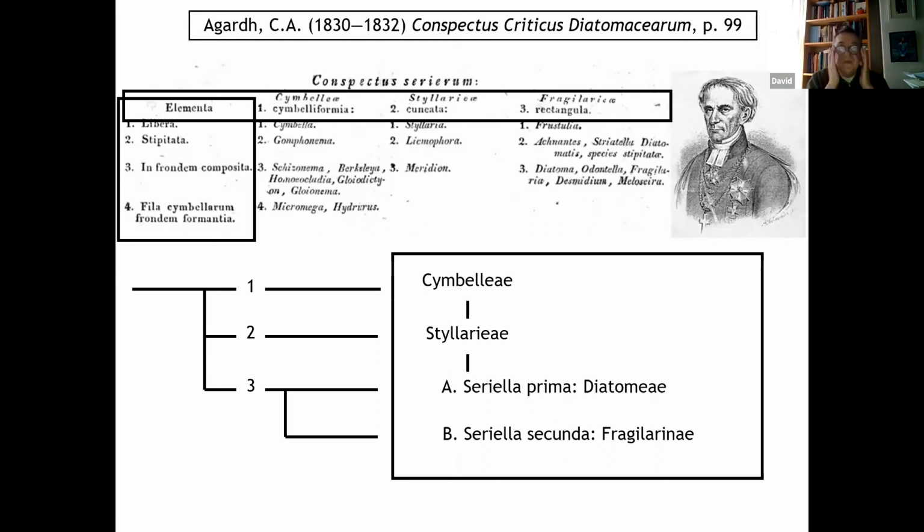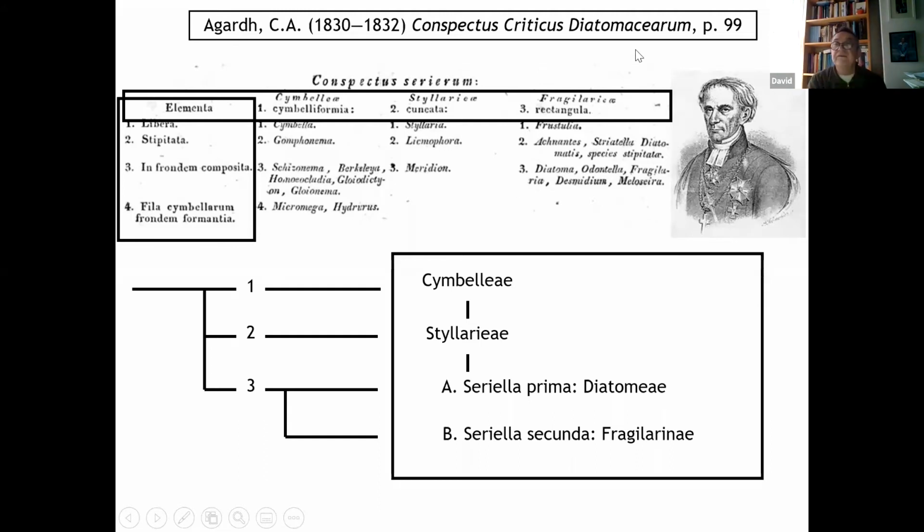That's what he knew. Here's one by Agard. I'm not going to talk too much about this one. I find it interesting because it's some 1832, something like that. So it's, what, 12 years on from Lyngby. Agard has a different problem here. He's trying to contrast, on the left here, how that diatom grows with the shape of the valve.